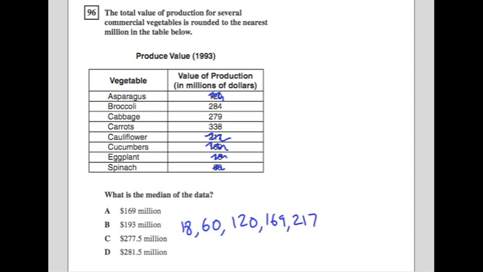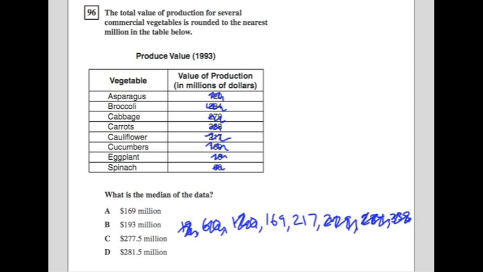All right, next one is 279, followed by 284, and last 338, and that covers all of them. Okay, so if I want to find the median, it is the middle number. I'm going to cross out one at a time on each side. That's the way I do it, just to make sure I can count them and find the odd one in the middle, but I like this way better.